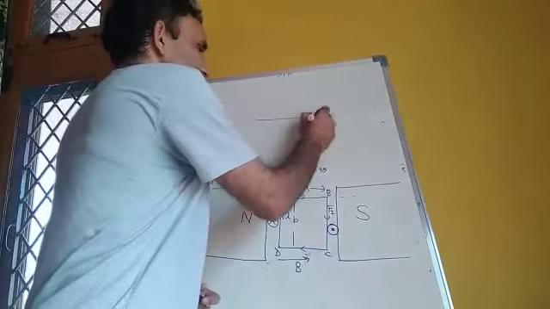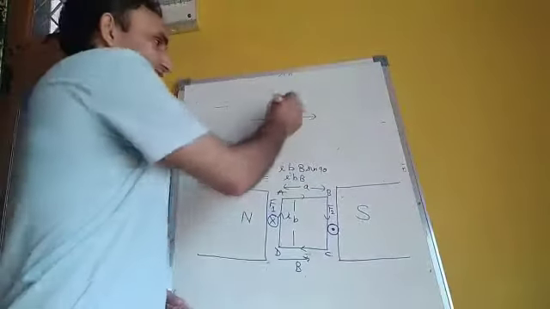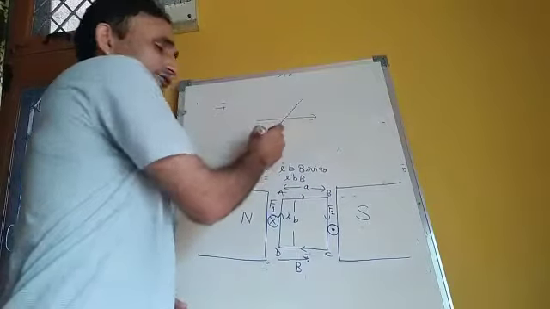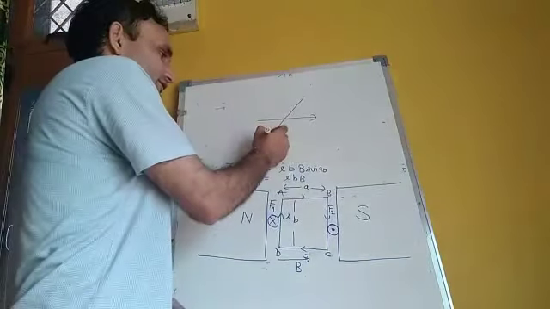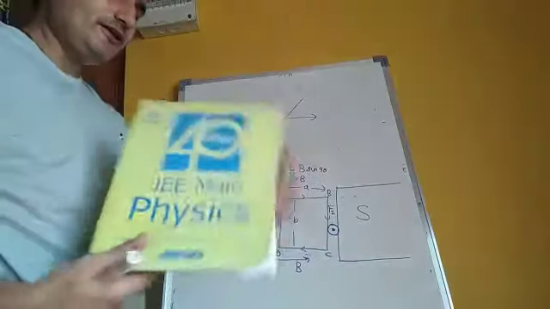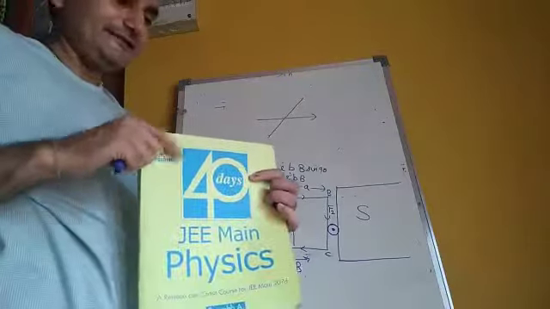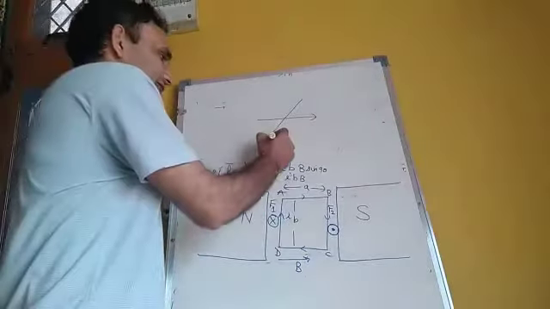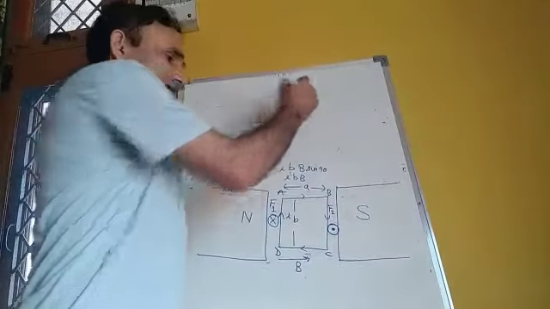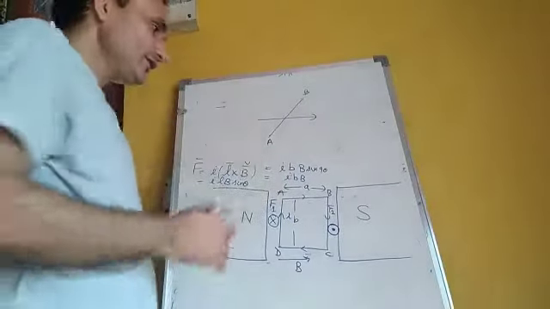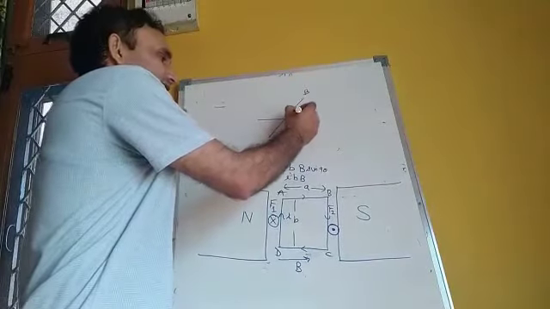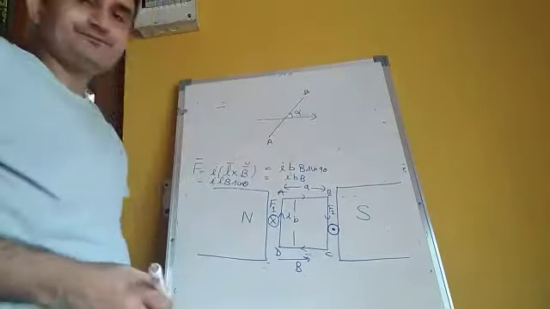So suppose this is our magnetic field, the same direction, and we can view it from the top or from the bottom. So if we view it from the top, we will have AB side. So let this be A and this be B. We are viewing the coil from the top. So let this angle be, we call it alpha.